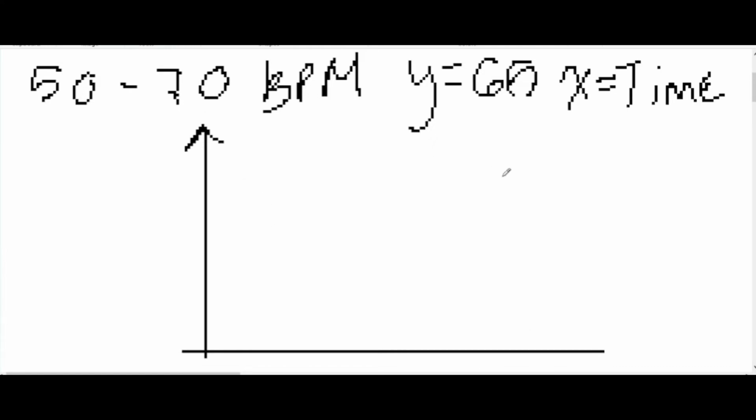So, for example, we said our y was going to be 60. So in an example like this, this is minutes, and this is BPM.